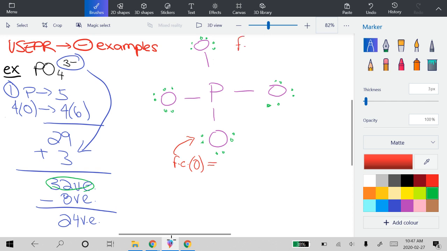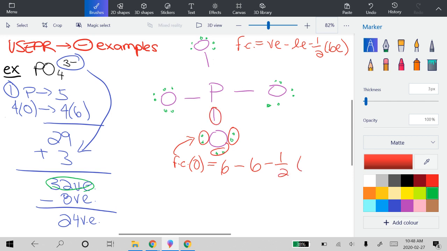Just to remind you of the formula, it's the valence electrons, or the group number, minus however many lone electrons it has, minus half of the bonding electrons. Oxygen is in group 16, so it wants 6 valence electrons, minus 6 lone electrons, minus half of the 2 electrons in that bond, leaving it a -1 charge.